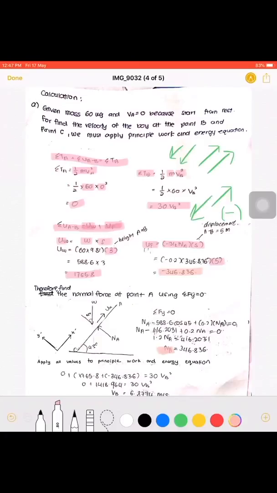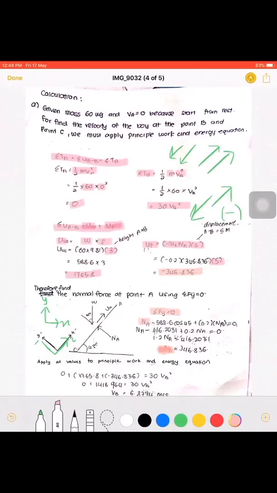We are going to find the NA, which is this one. We're going to find it by using summation of Fy. I've already shifted the axis. The axis should be at the origin, which is XY, but I already shifted it this way, X prime and Y prime.